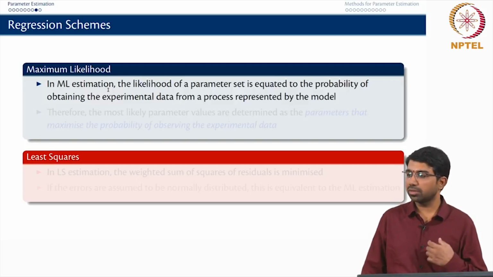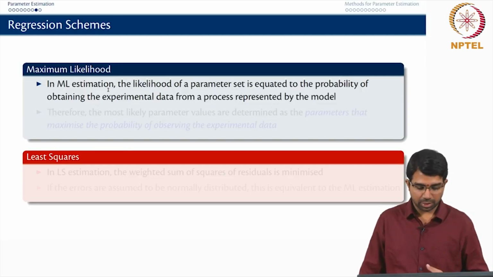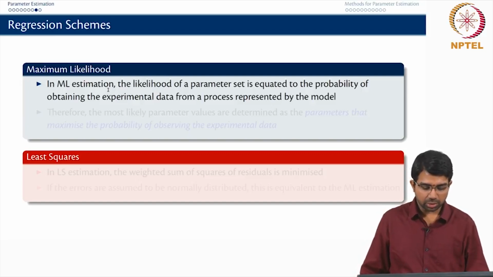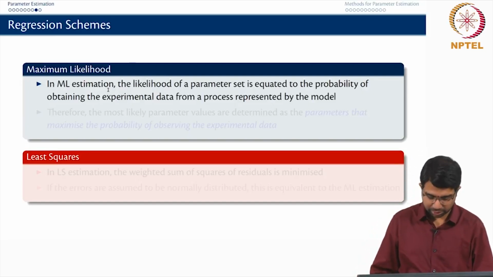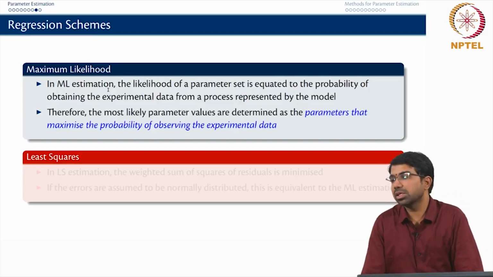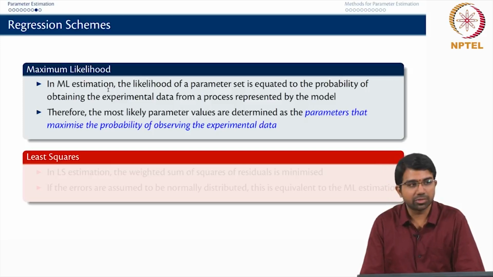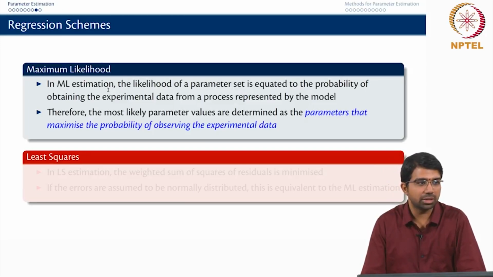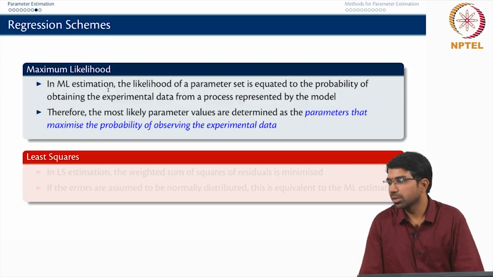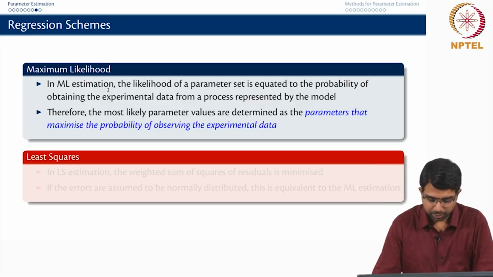So what is the probability of observing your data set given your model and given a parameter set, right. You then find the most likely parameter values as the parameters that maximize the probability of observing the data. There is essentially a probability value for the probability of observing the data given your parameter set, and you want to basically maximize that. So the parameter set which maximizes that is your best parameter set essentially, right.